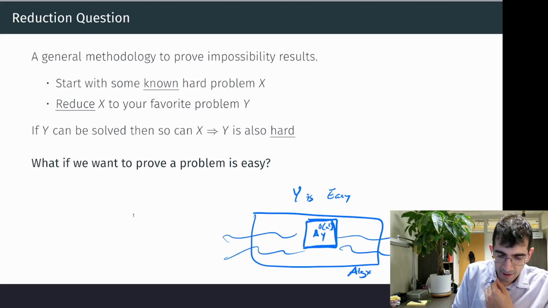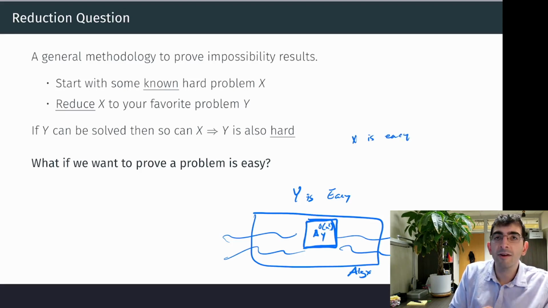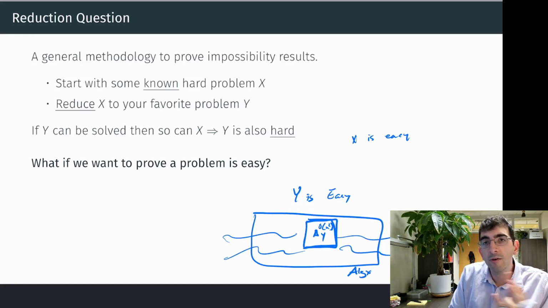And then x is easy from that standpoint, right? X is easy. So if we want to prove something is easy, we simply reduce an unknown problem to a known easy problem.